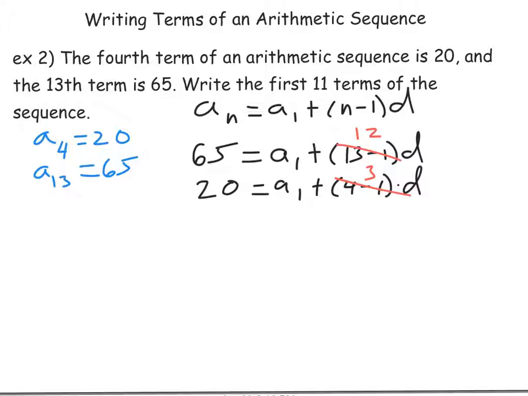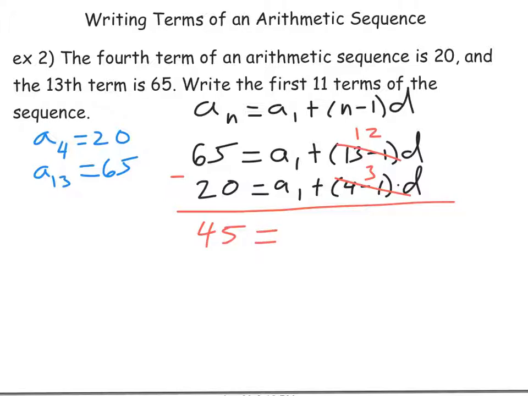We could simplify that pretty easy. Okay, 12 and 3. We have 2 equations, 2 variables, and the trick here is going to be if we were to subtract these 2 equations, things work out very nicely.